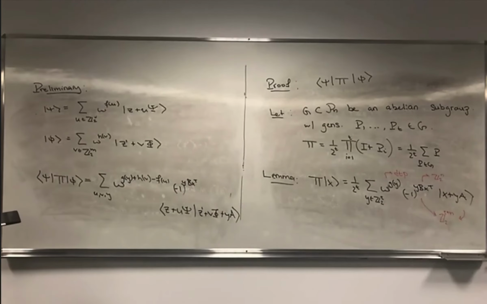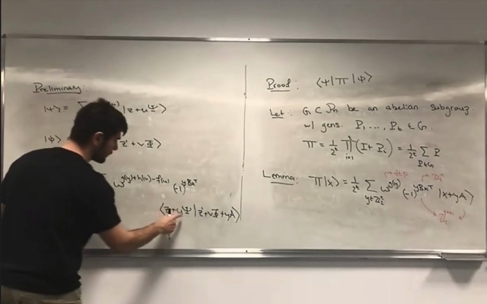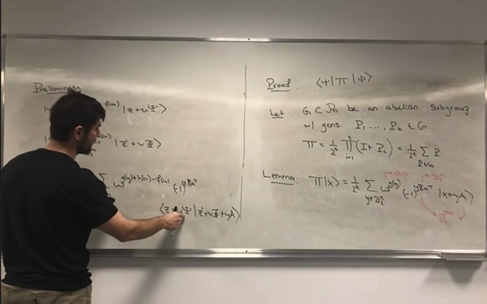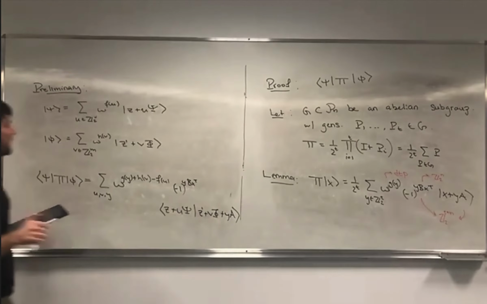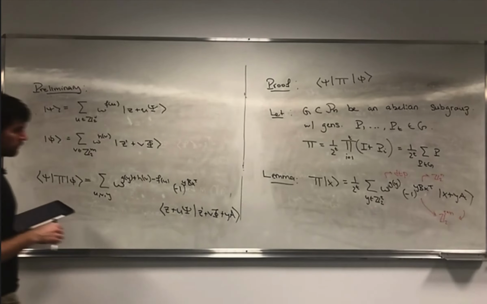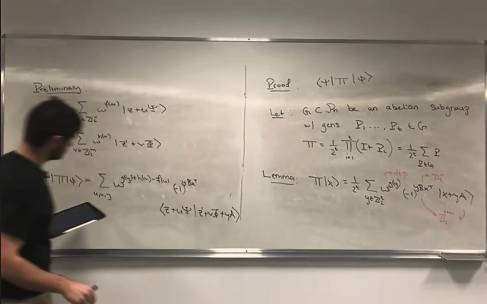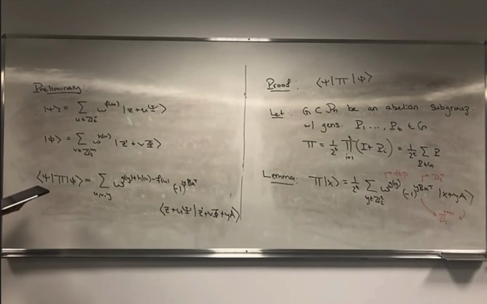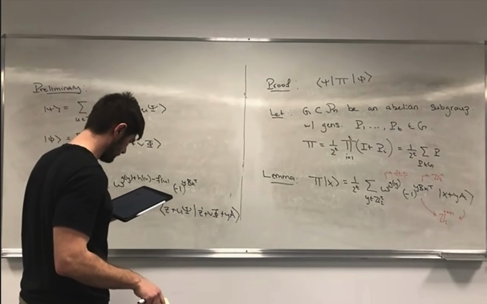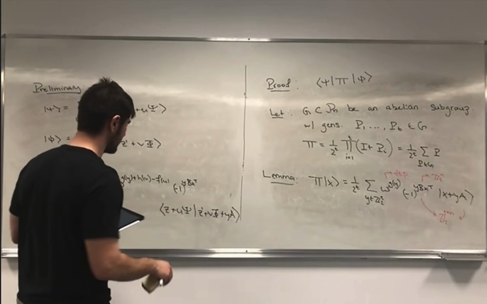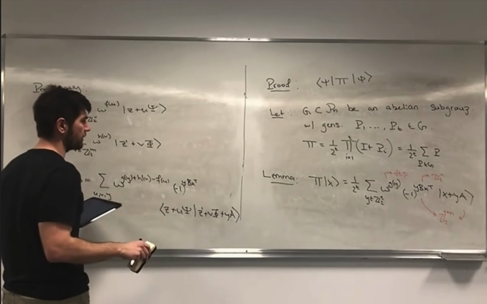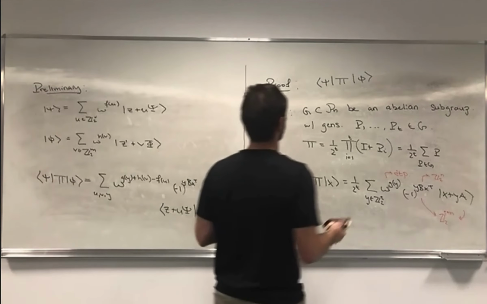So we want to compute precisely this. Of course, these are computational basis states, by the way. Or sorry, stabilizer states. Okay, so sorry, no, these are, in fact, yes, these are computational basis states.